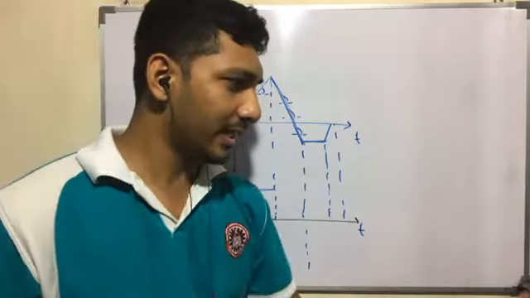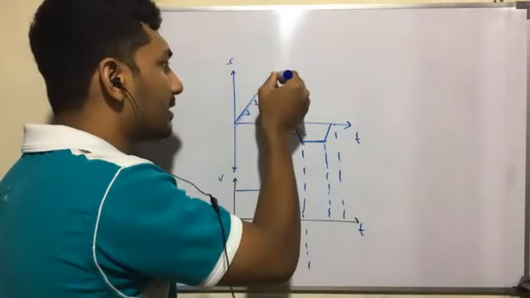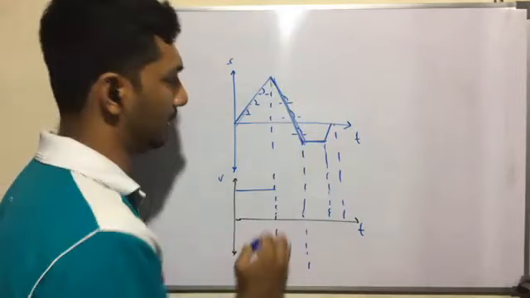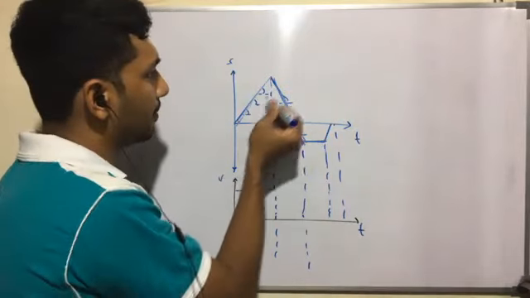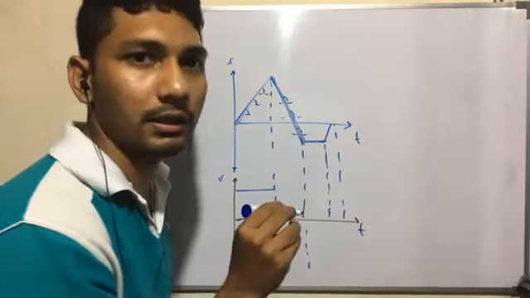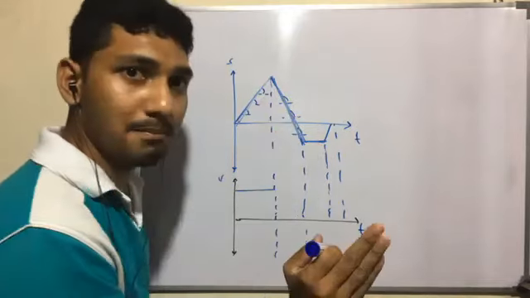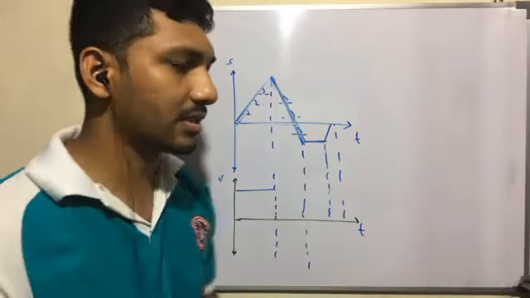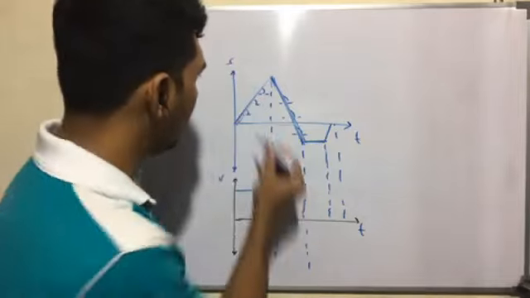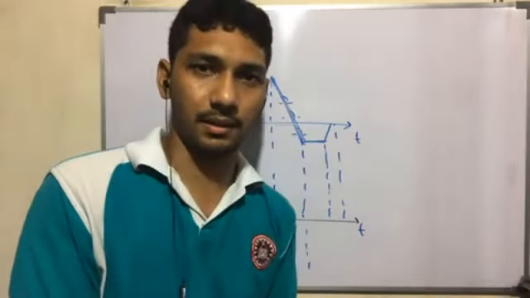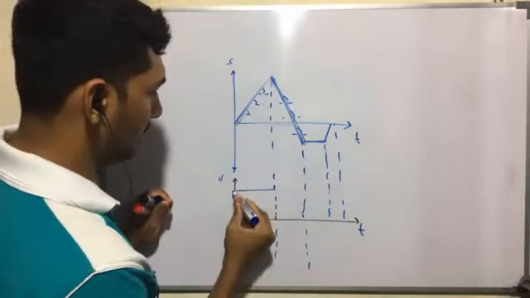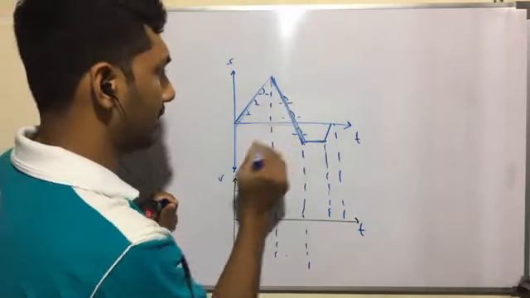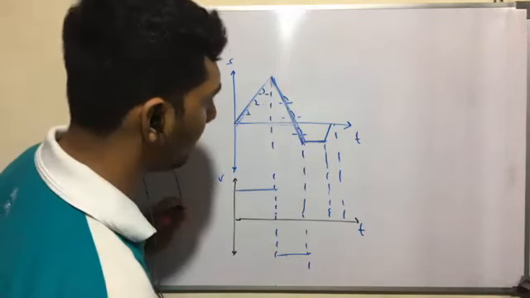In the actual one, you can see the slope of this part is equal to the slope of this part. So these two have the same gradients. If you take this one, it looks like an isosceles triangle, so these two should have the same gradient. This one will have the same magnitude as this one. Only the difference is direction. Direction is opposite here. So you draw it like this.